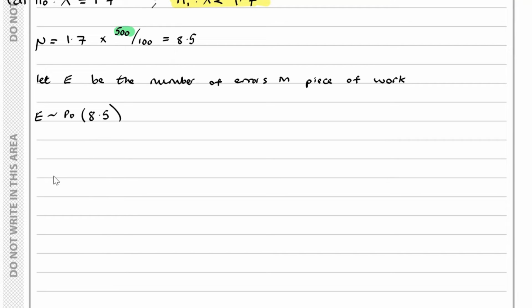Okay, and what we're looking at over here is some critical region. So drawing a diagram hopefully will help to visualize what we're on about.